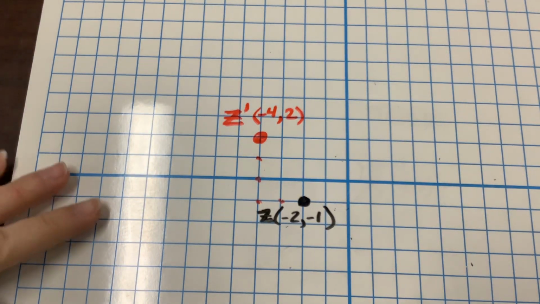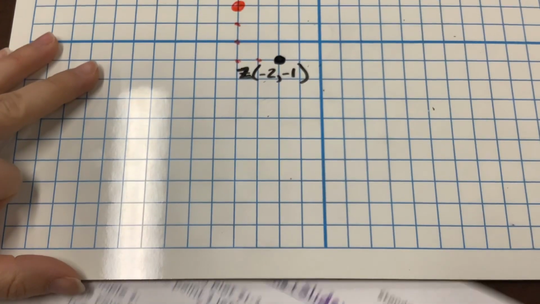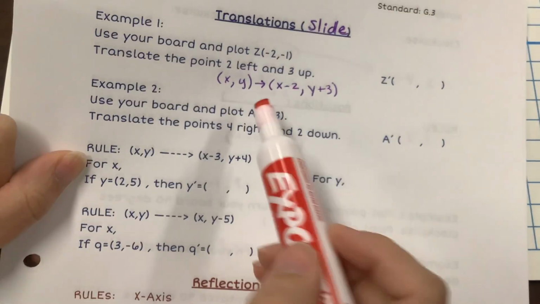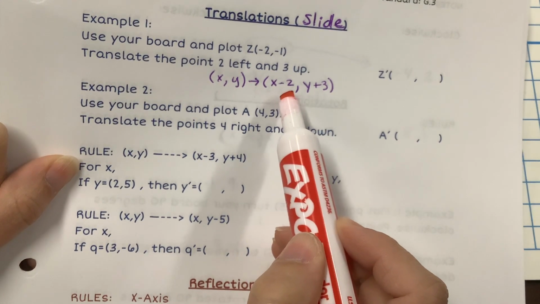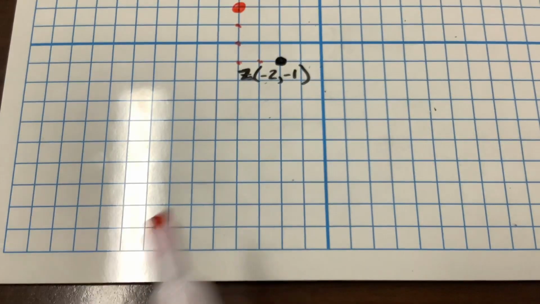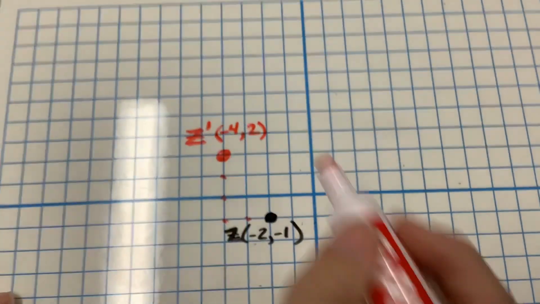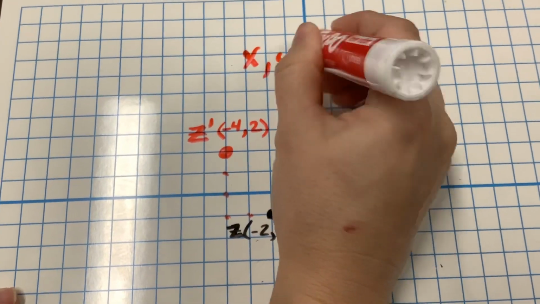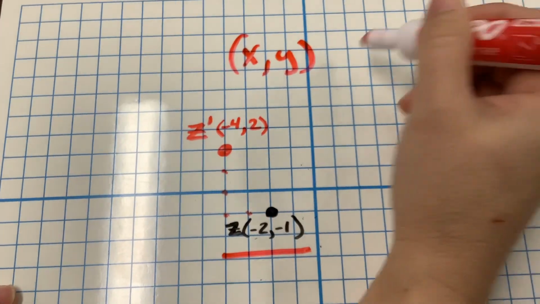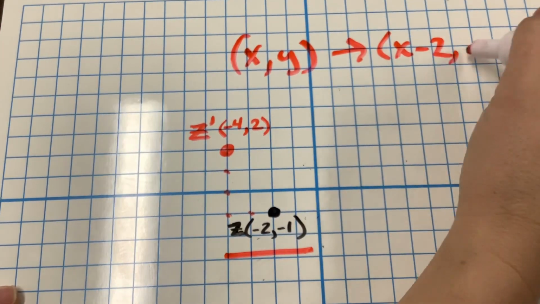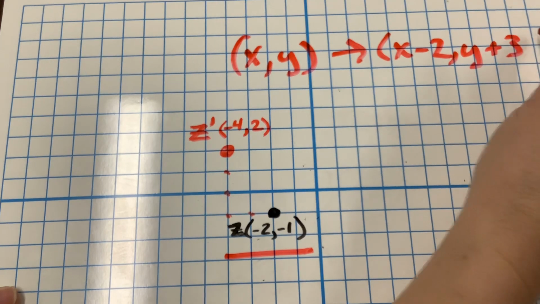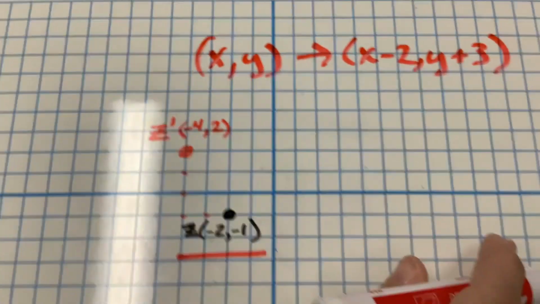Okay. Now, I want you to think about the rule that I had you write underneath that on your notes. I said X - 2, Y + 3. That just means 2 to the left and 3 up.